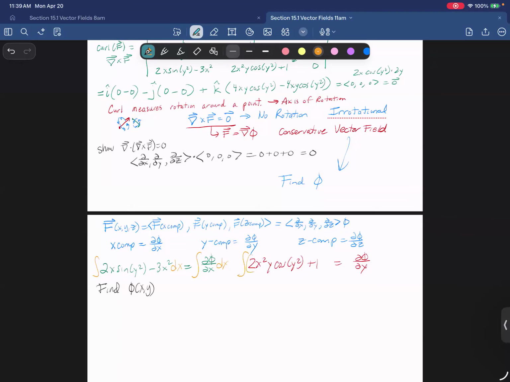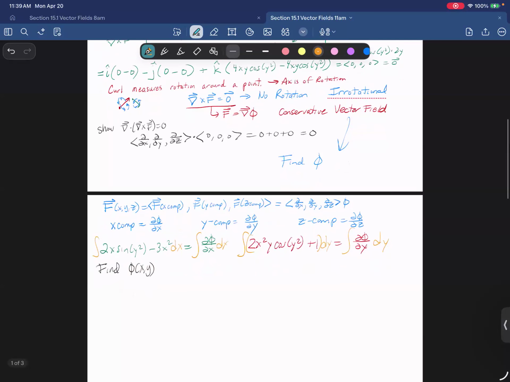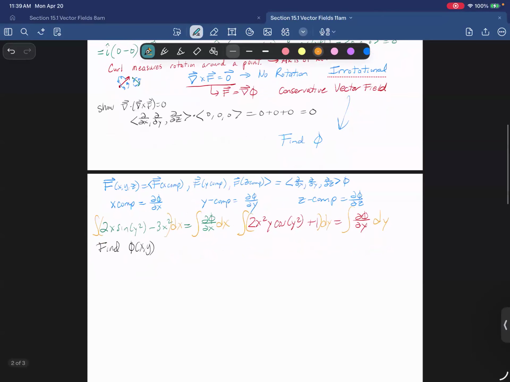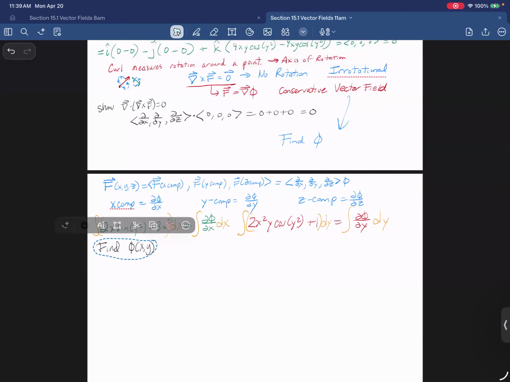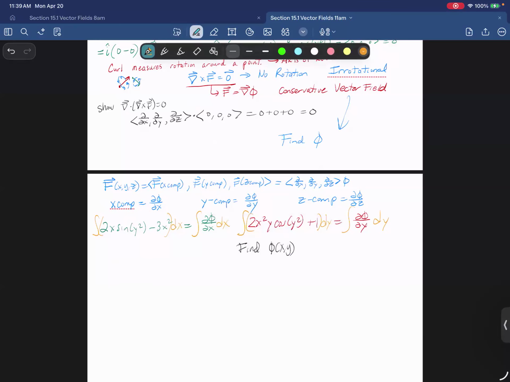We could do this over here by doing d dy, but let's start with the dx. If I integrate that with respect to x, I have x squared sine y squared minus x cubed plus a constant.